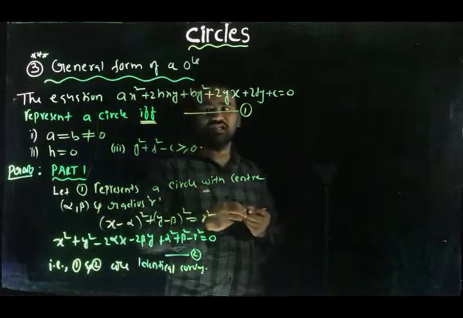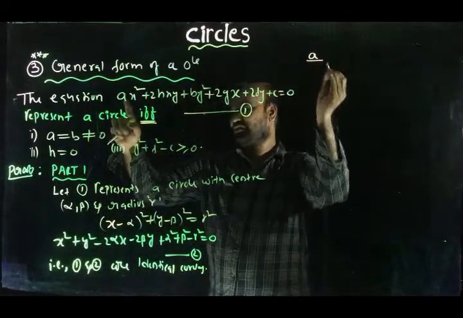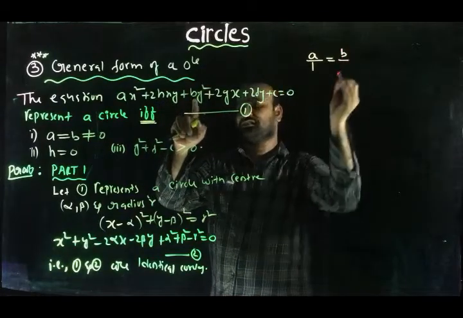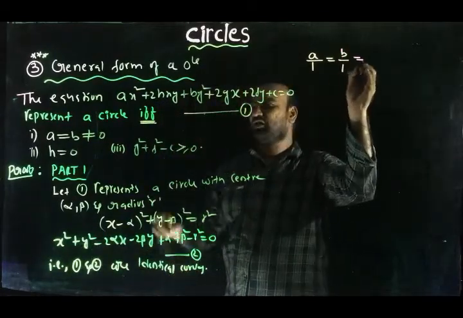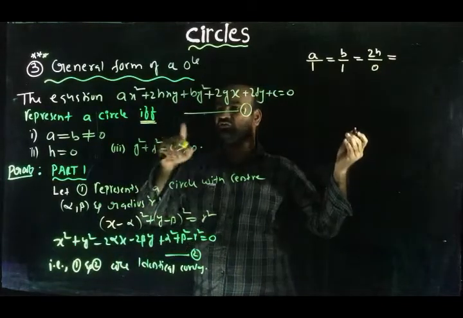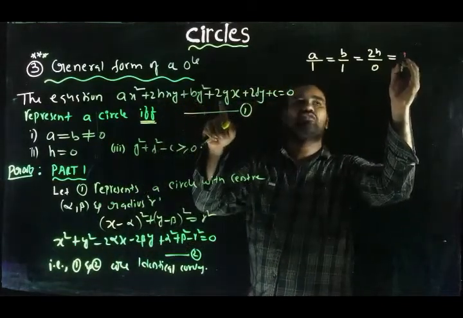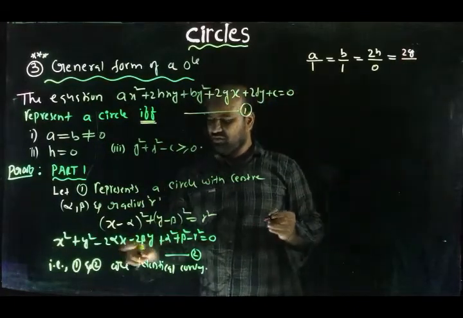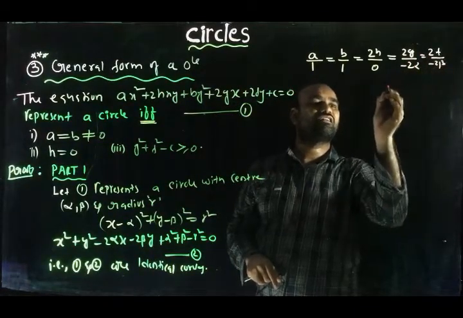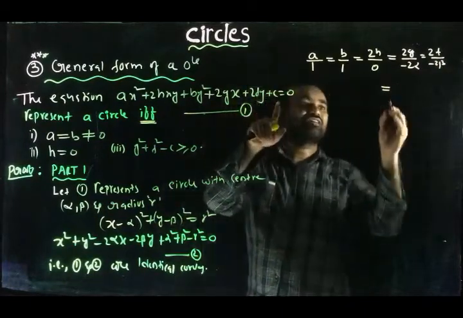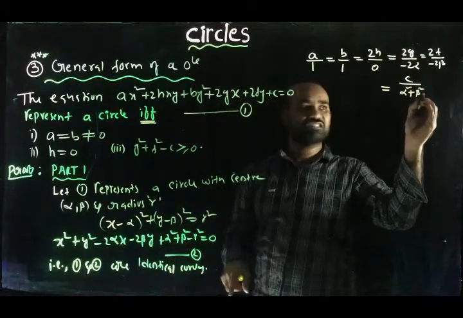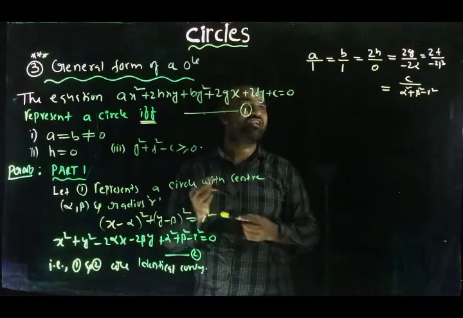So if those two are identical, a by 1 should be equal to b by 1 equal to 2h by 0 equal to 2g by minus 2 alpha equal to 2f by minus 2 beta equal to c by alpha square plus beta square minus r square, because those two are identical curves.